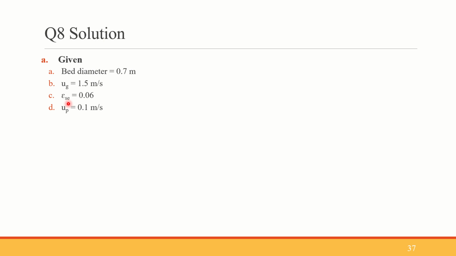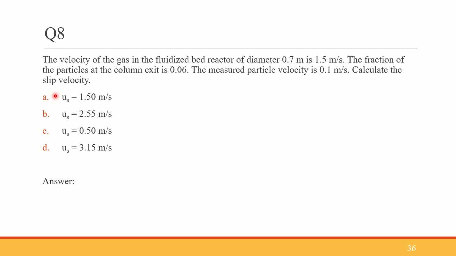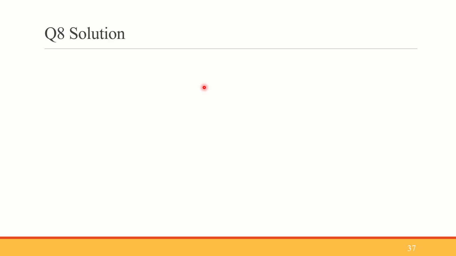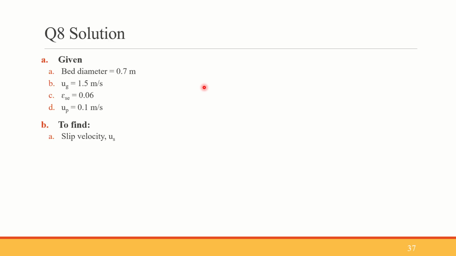First, let us write the given. Bed diameter is 0.7 meter, gas velocity is 1.5 meter per second, solid fraction at the column exit is 0.06, and particle velocity is 0.1 meter per second. We are asked to find the slip velocity.